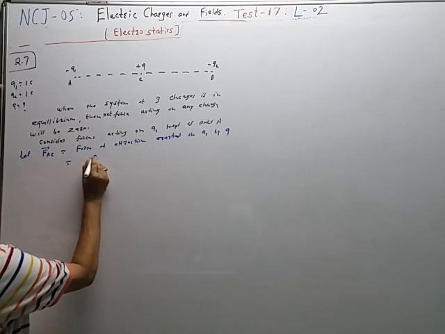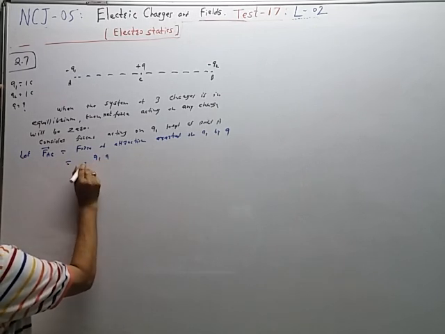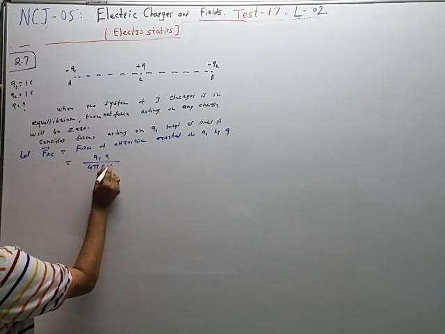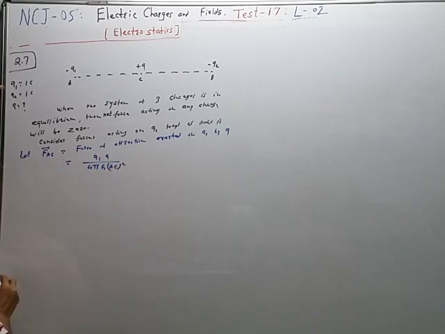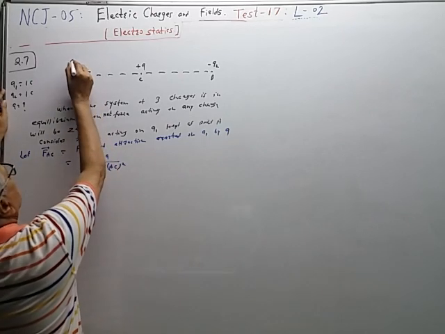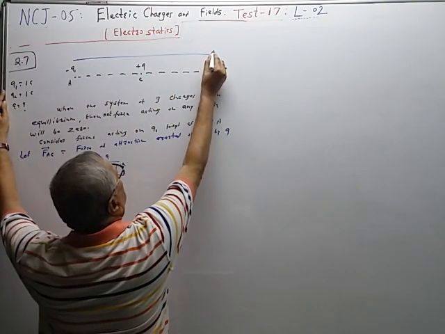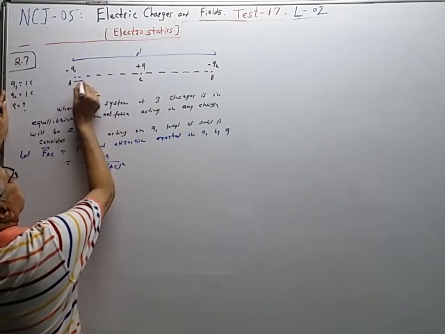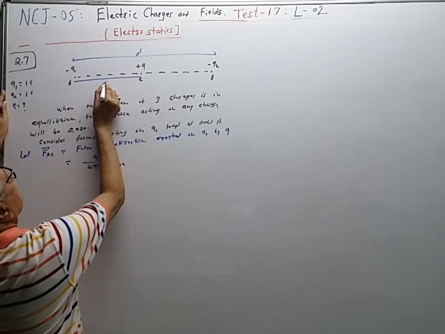Therefore, this is equal to Q1 Q upon 4 pi epsilon naught AC square. So the distance is D. The distance is D by 2.